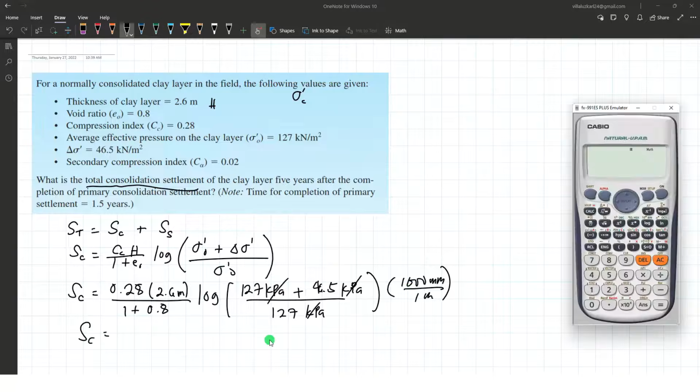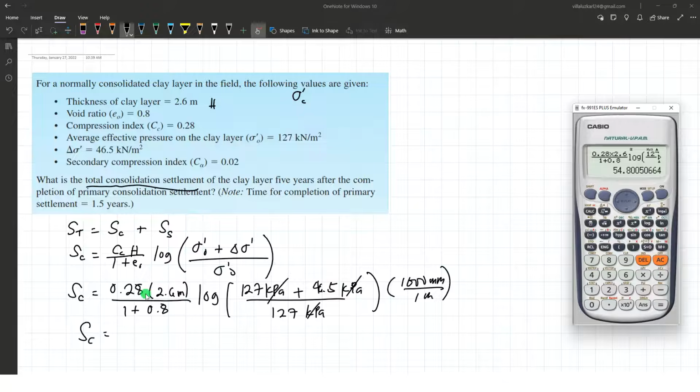So the primary consolidation settlement here is 0.28 times 2.6 over 1 plus 0.8 logarithm of 127 plus 46.5 over 127 times 1000.